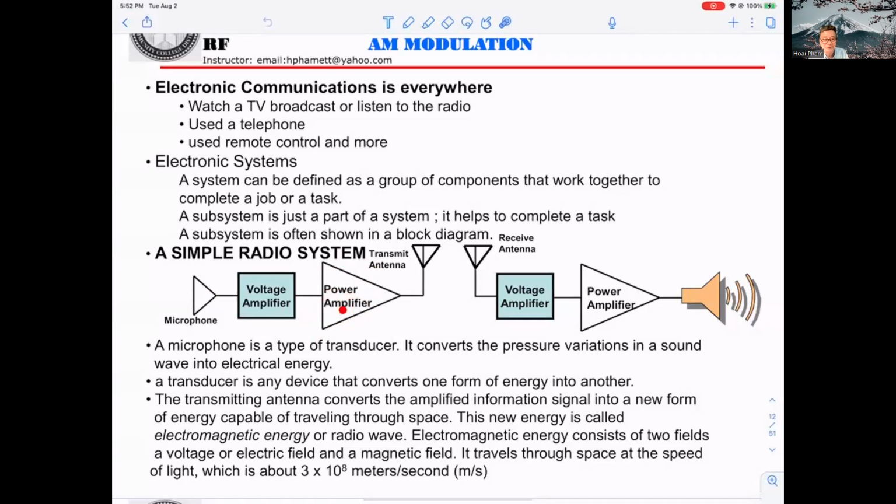So that's why they must amplify it to a certain voltage so it can work with the system. So that's why they have to get the voltage amplifier. Then they get a power amplifier. And then they go to the antenna to transmit it over the air for transmission.